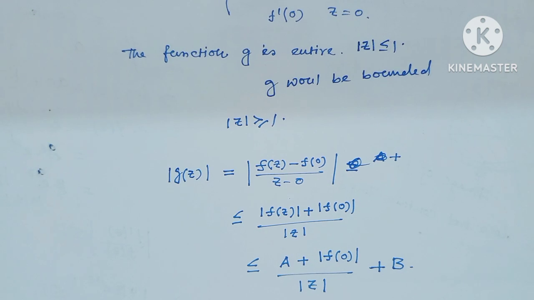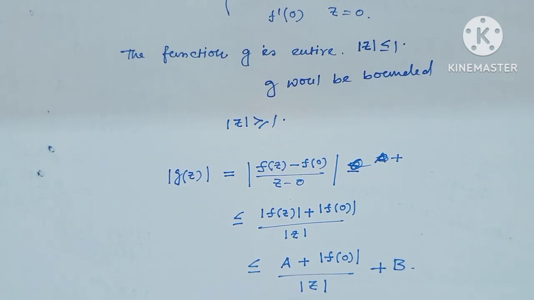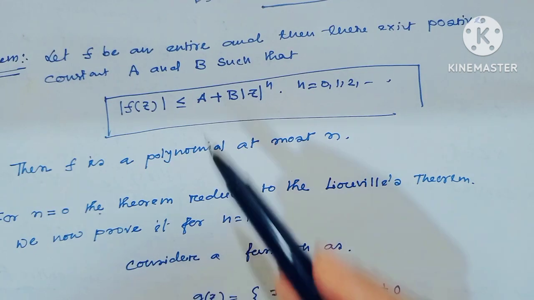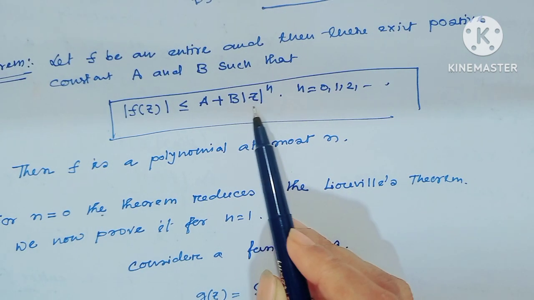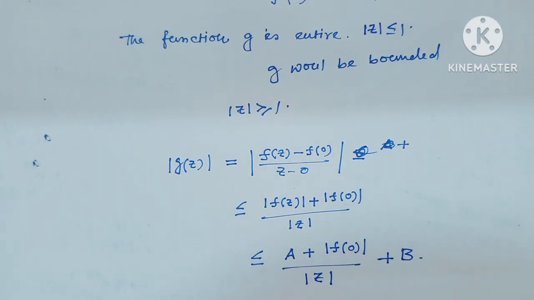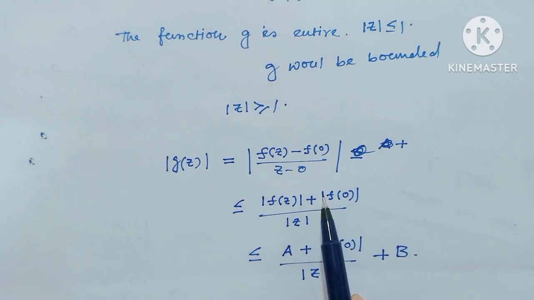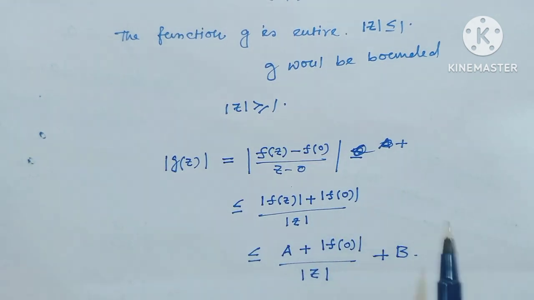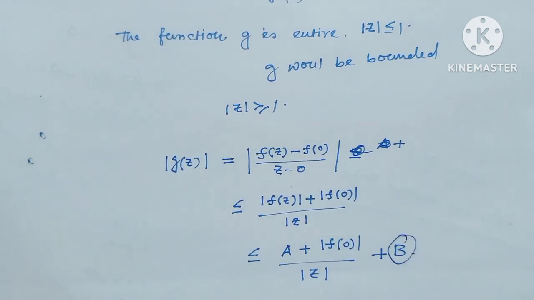And since mod Fz is less than or equal to a plus mod z to the power n, here I have considered n equal to 1. So this value would be a plus b mod z, and mod z over mod z means this value would be just b.